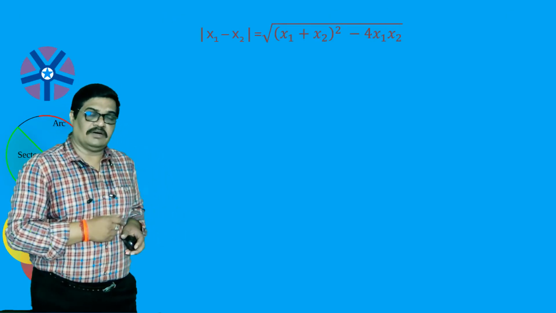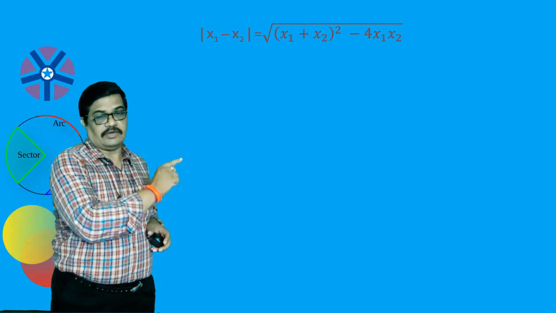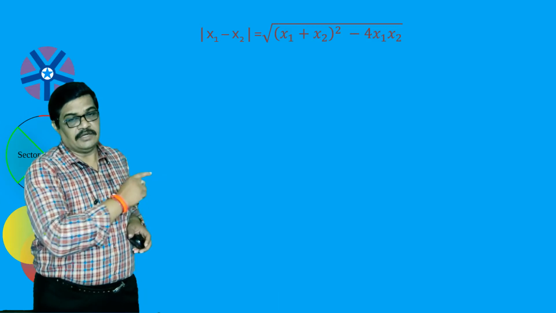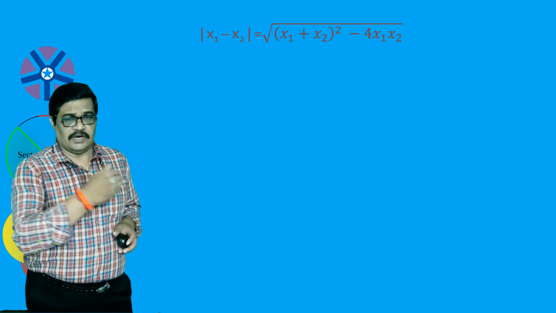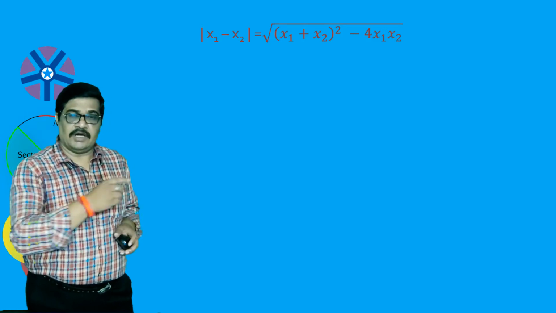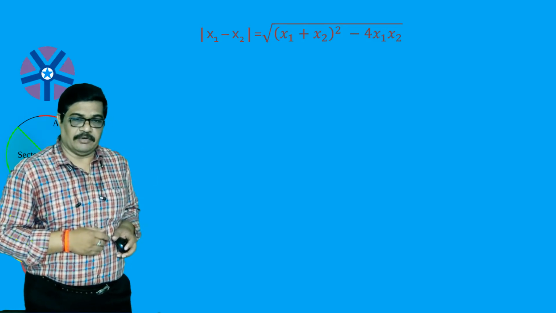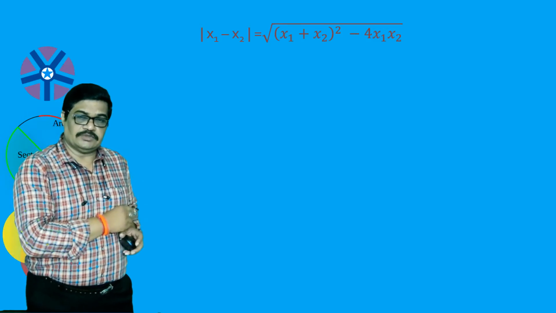What is the formula? Modulus of x1 minus x2 is equal to square root of x1 plus x2 whole square minus 4 x1 x2. We are getting x1 plus x2 and x1 x2 values above. Substituted here. What is x1 plus x2? Minus 2g.